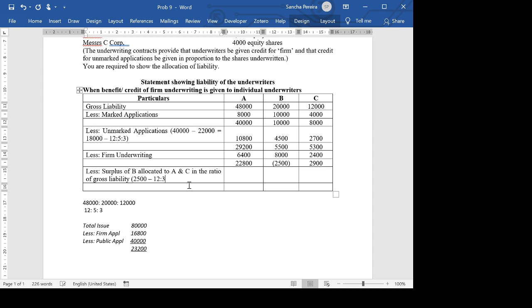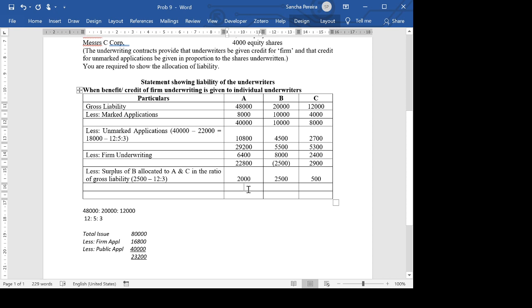So that comes to 2,500 divided by 15. You get 166.66. 166.66 into 12 will be 2,000, and into 3 will be 500. So 2,000 goes to A and 500 goes to C.